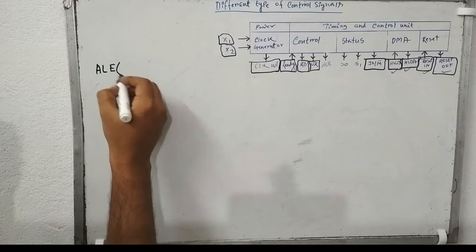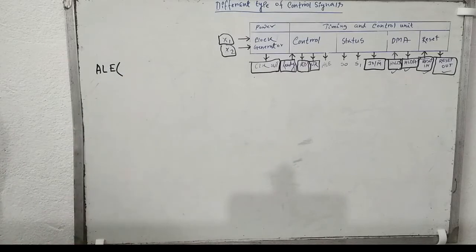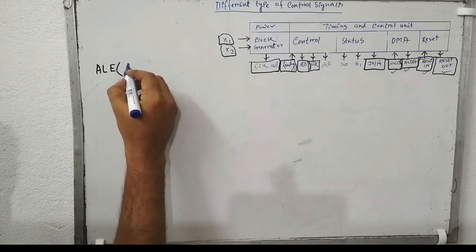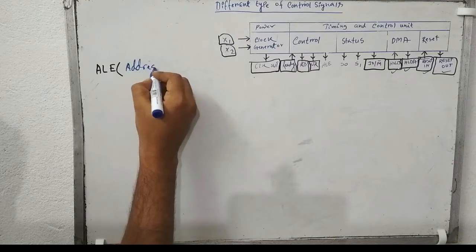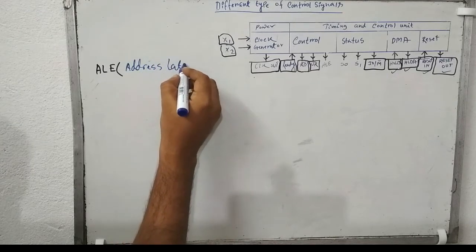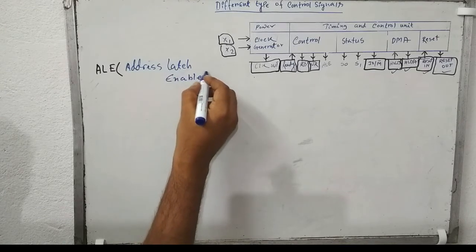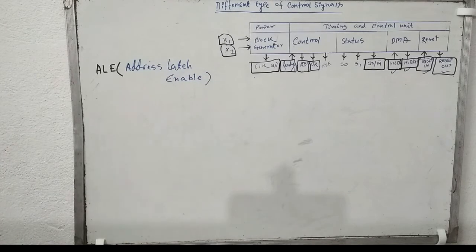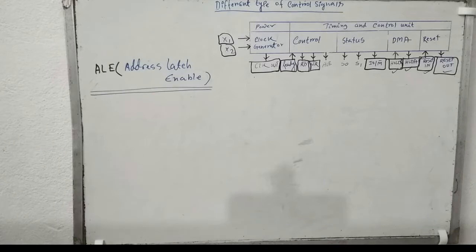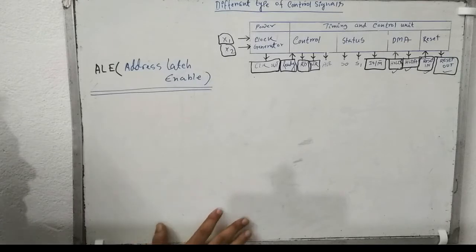ALE. The full form of ALE is Address Latch Enable. So as we know, the 8085 microprocessor has 16 lines allocated for the address bus.